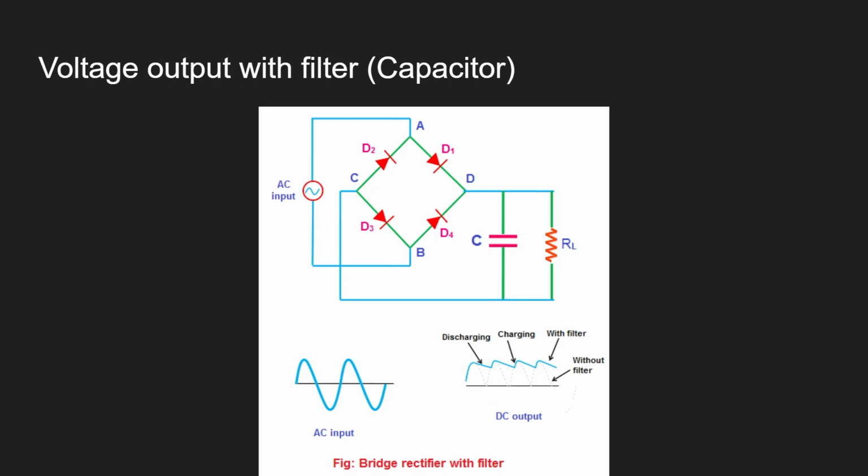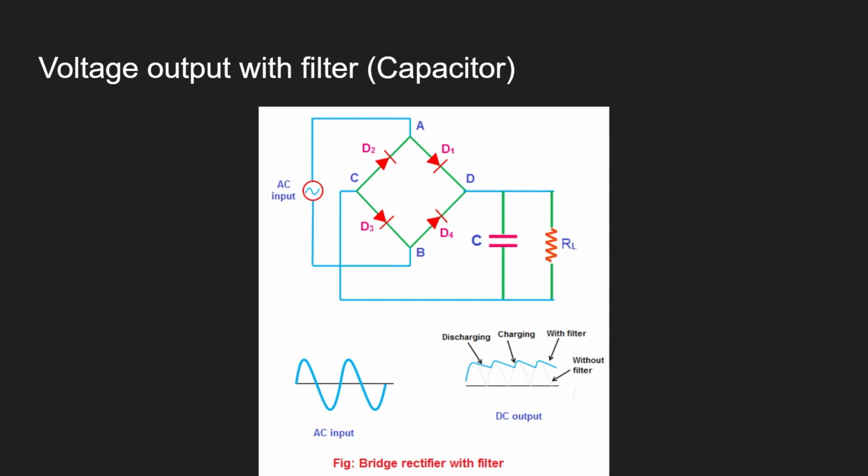But if it is negative phase, it will flow from D4 to D2. Positive, D1 to D3. Negative, D4 to D2. So it's a working pair. At the first phase, these two are used. At the second phase, these two are used.